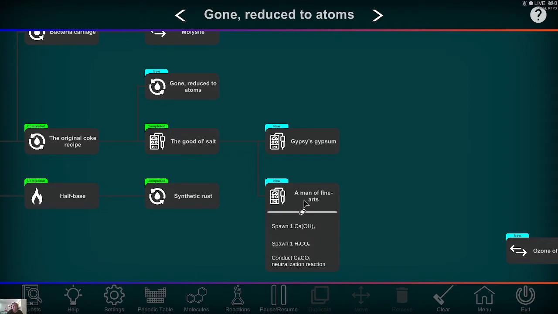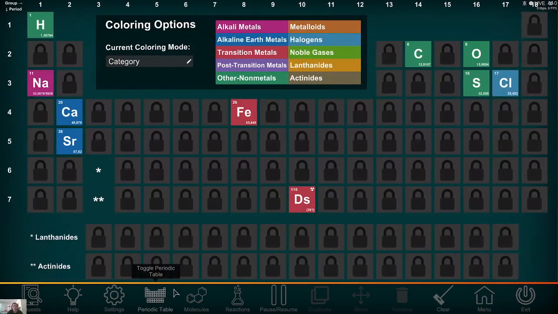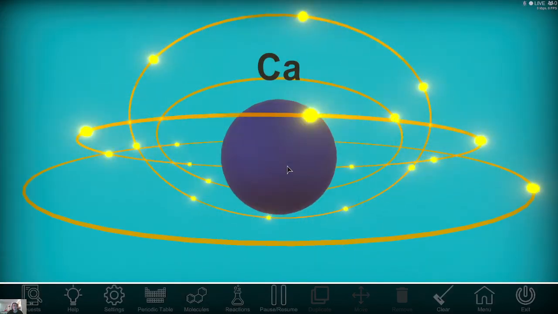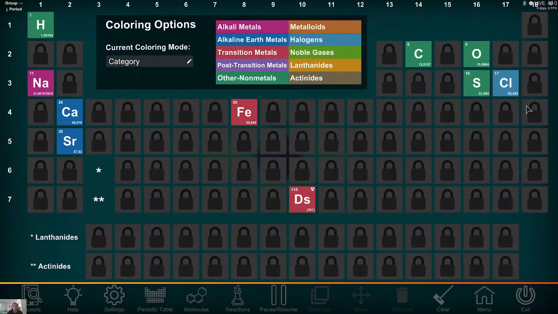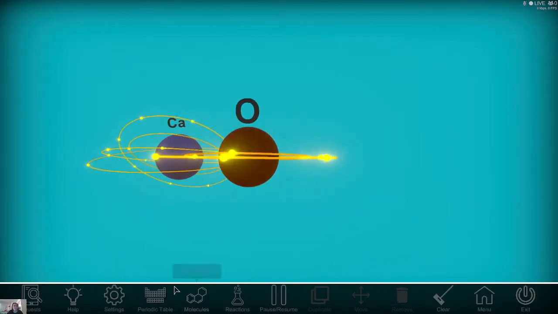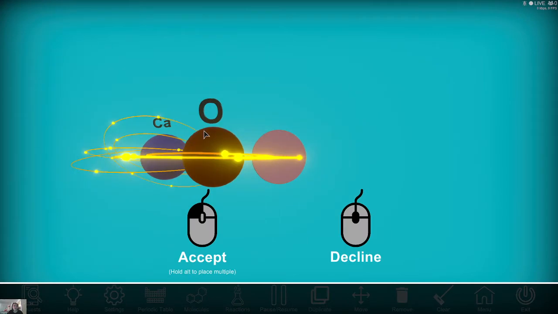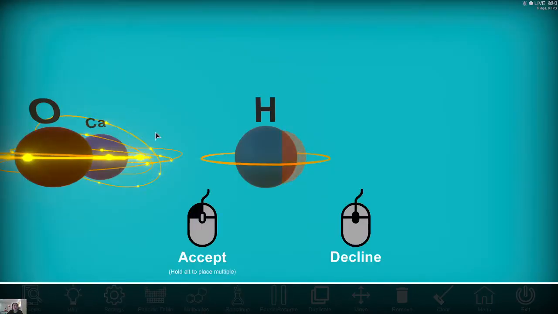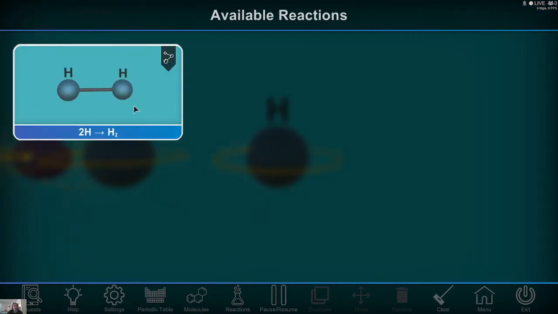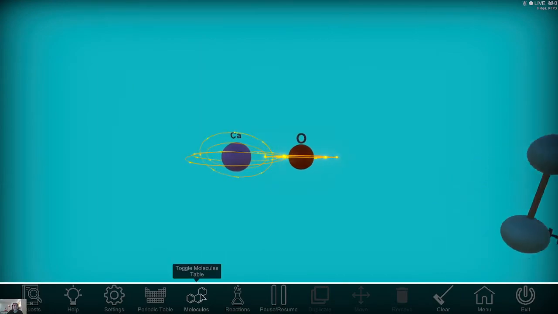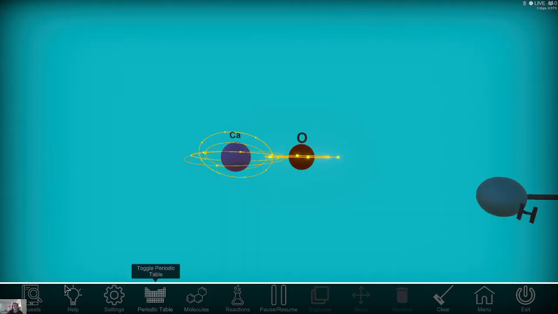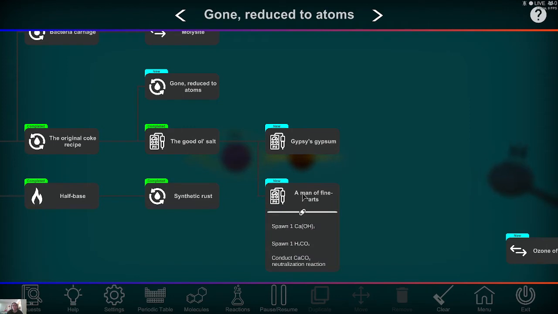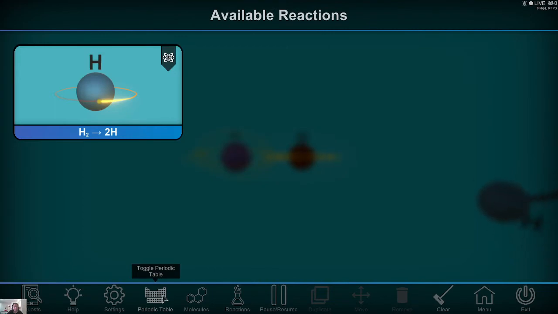Calcium hydroxide. Okay, conduct calcium CO3. Says spawn COH2, so 2.